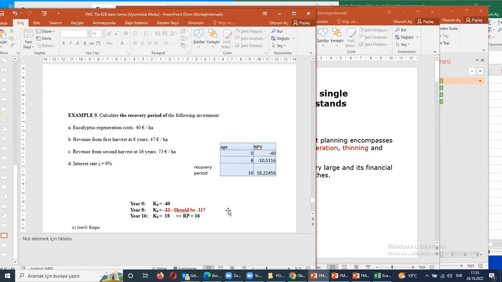Then we find the net present value and evaluate it. If it is positive, then the corresponding age becomes the recovery period.